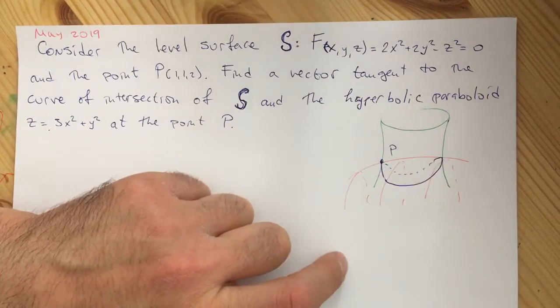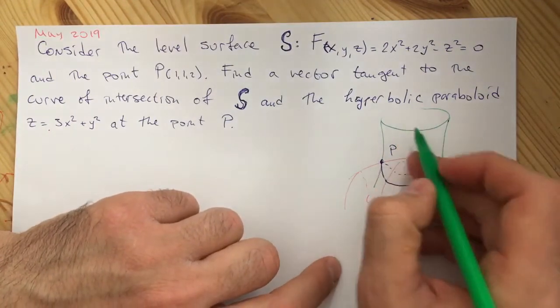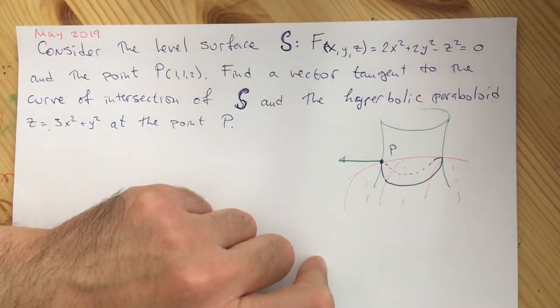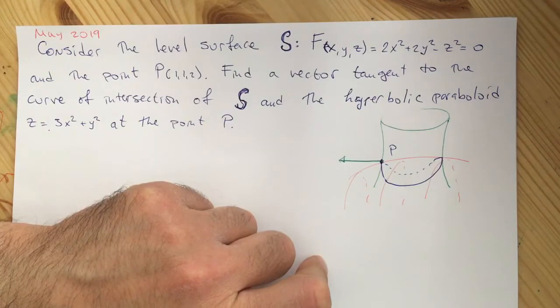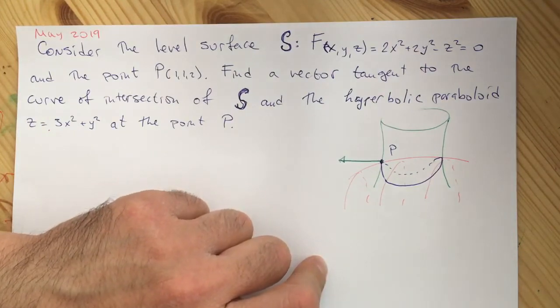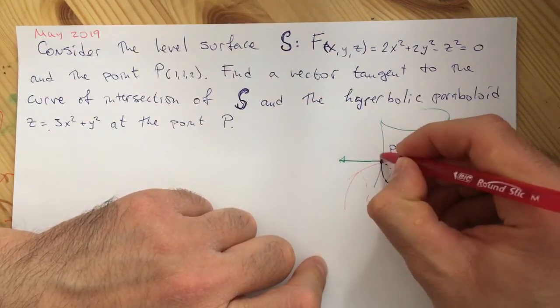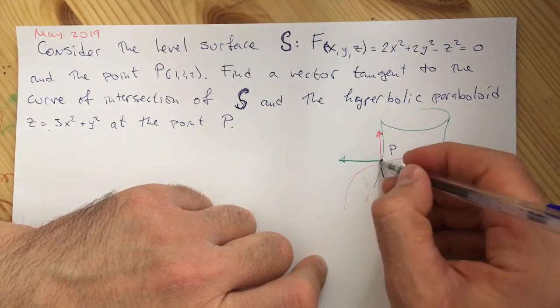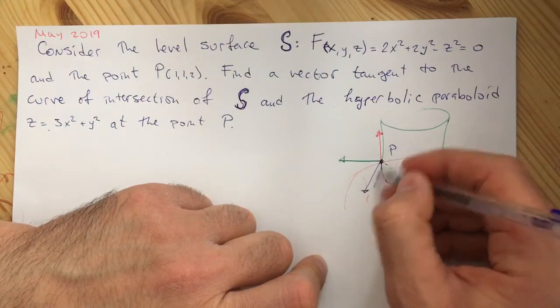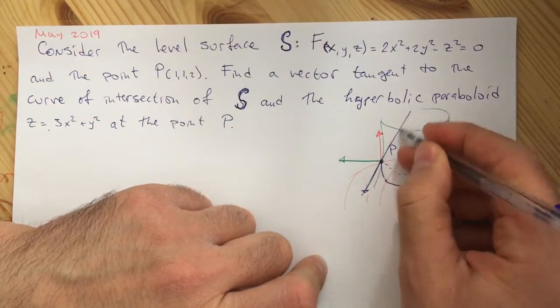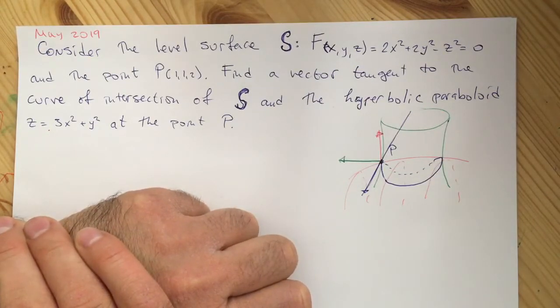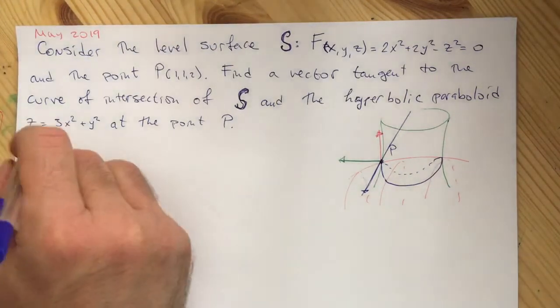If I find the gradient vector of the green surface, it will give me this vector. If I find the gradient vector of the red surface, it will give me this vector. Their cross product is going to be a vector orthogonal to both of them, and it will give me the direction of the tangent line.